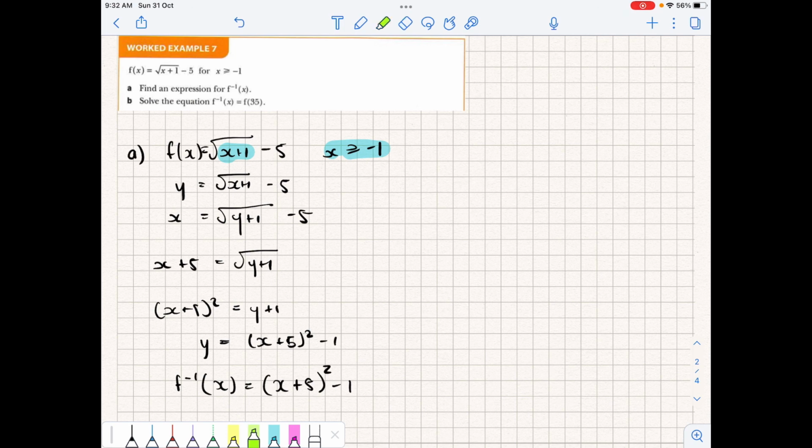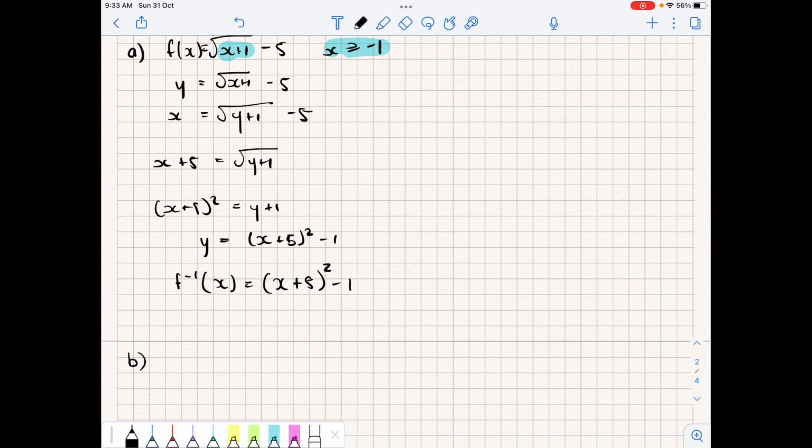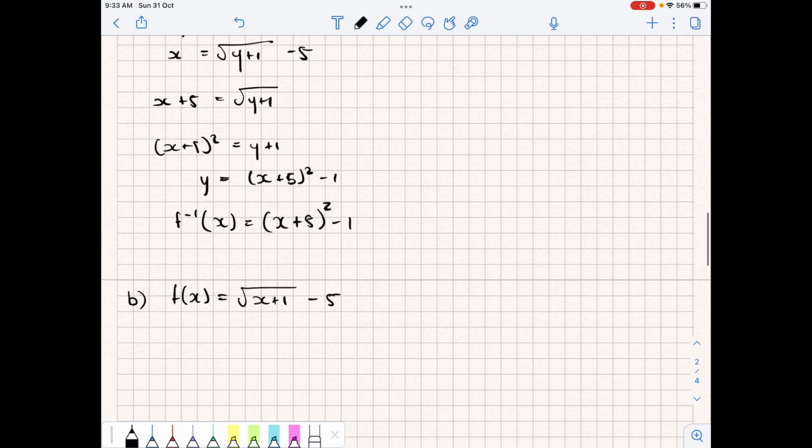Okay, now that we've found the inverse function, the next part of the question just says, solve the equation when the inverse function is equal to whatever the original function is when we input 35. So we'll do this in two parts. We have f of x equal to the square root of x plus 1, minus 5. And if we put 35 in here, we will get the square root of 35 plus 1, minus 5.